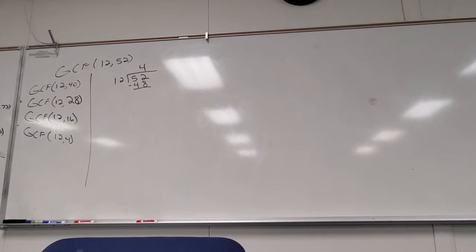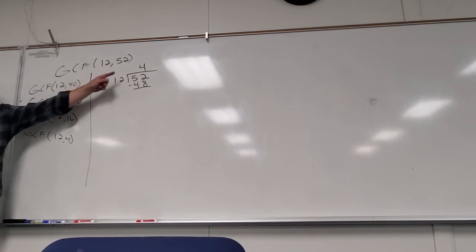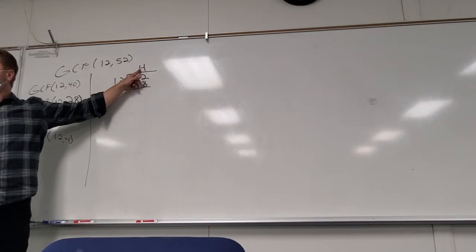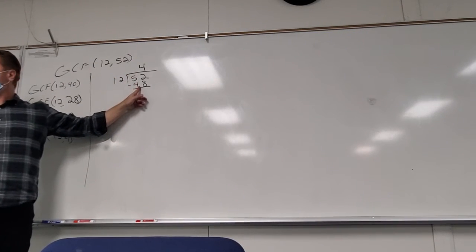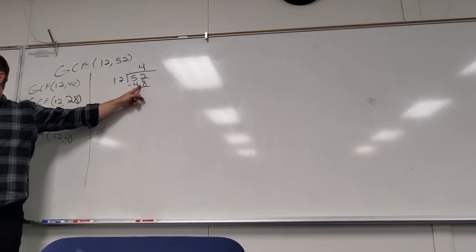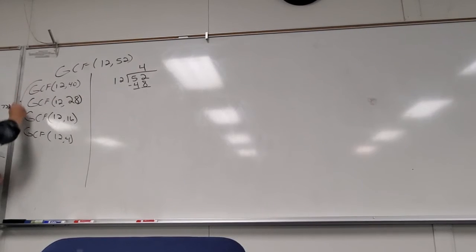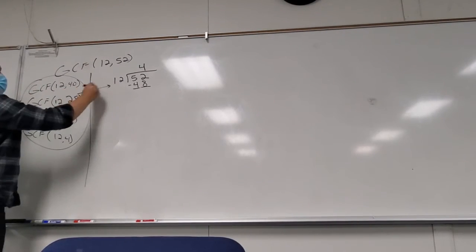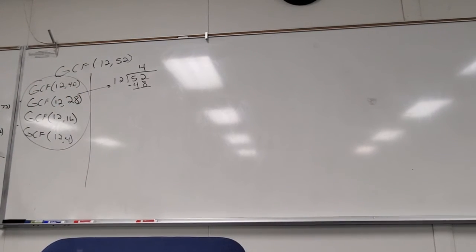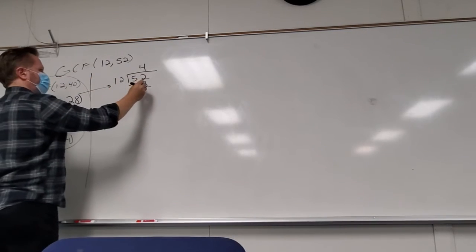That's what that 4 means. Didn't we just subtract 12 4 times? Isn't that what that 48 is? Isn't that 4 12s being subtracted? So what's the remainder here?